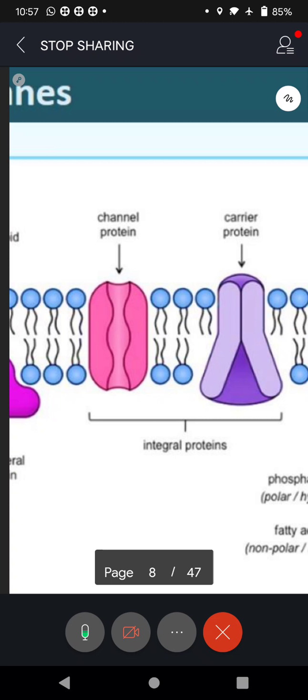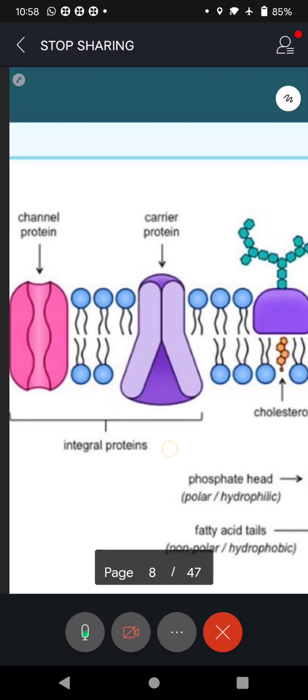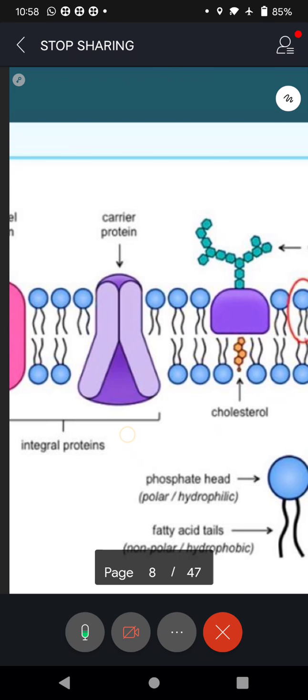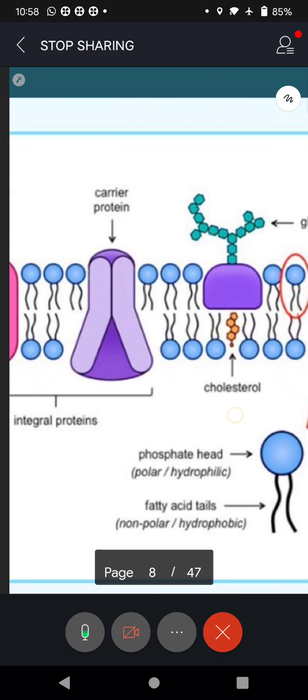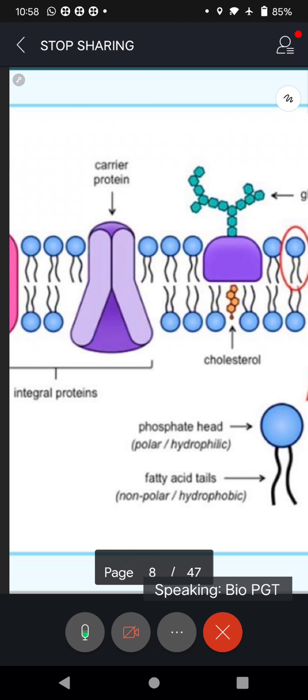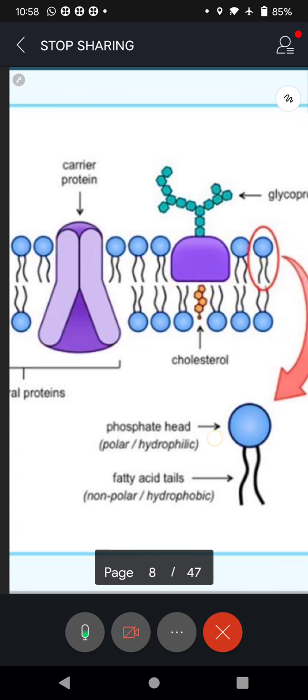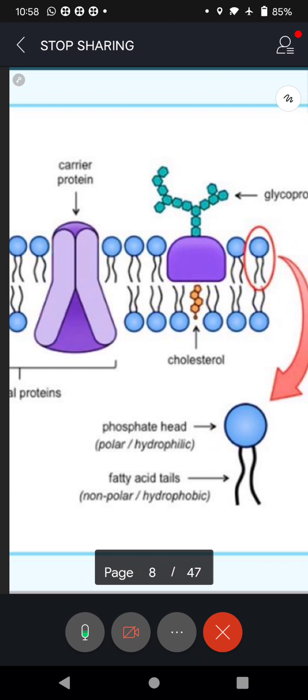At present you just remember proteins will be present in between the lipid layers. And two types of proteins. One is the external, another is the internal protein. Okay. Now you can see the phosphate head, which is hydrophilic, and the tail is fatty acid tail, hydrophobic.